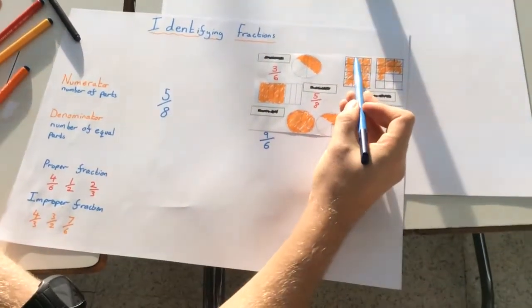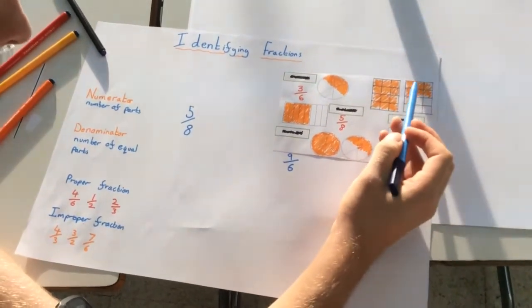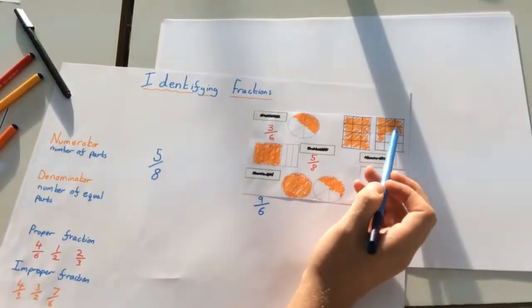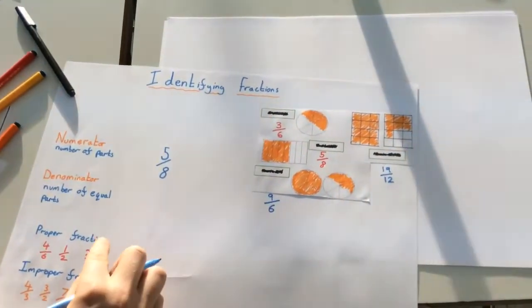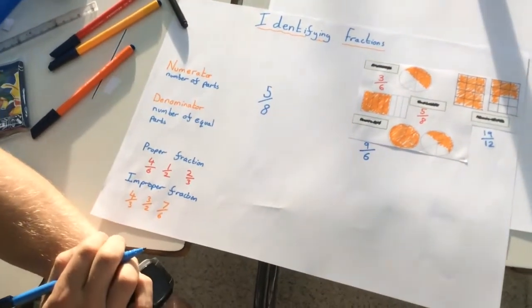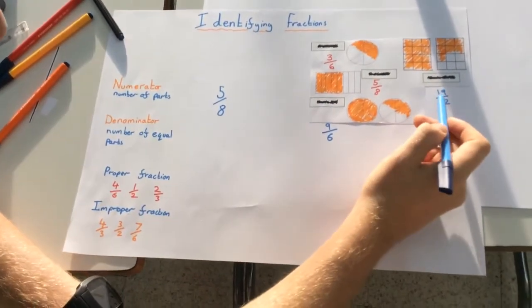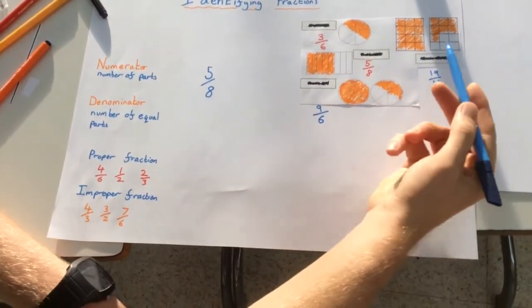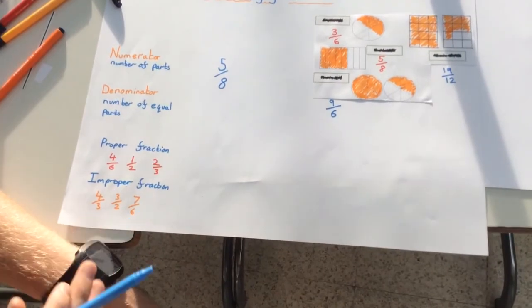Let's count them. 1, 2, 3, 4, 5, 6, 7, 8, 9, 10, 11, 12, 13, 14, 15, 16, 17, 18, 19 twelfths. Proper fraction or improper fraction? Yes, it's an improper fraction because the numerator is bigger than the denominator, so therefore it is more than 1.